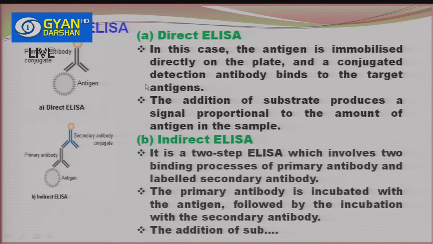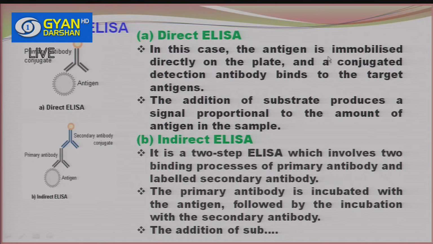There are 4 types of ELISA. I want to discuss them one by one. First is the direct ELISA. You can see here the primary antibody conjugate. Here are the antigens, they will bind, and ultimately we can detect them.